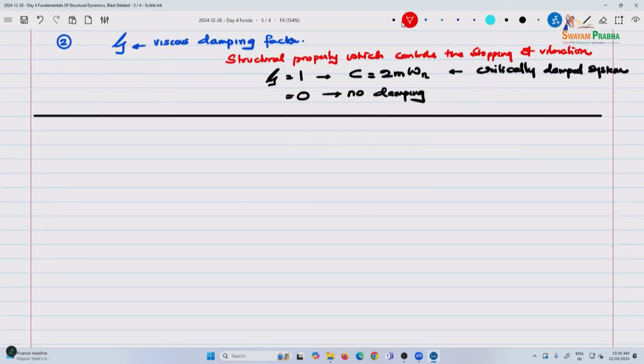So, let us see the simplest case. The simplest case is where you have no damping and you have no external force. What results is a free vibration problem.